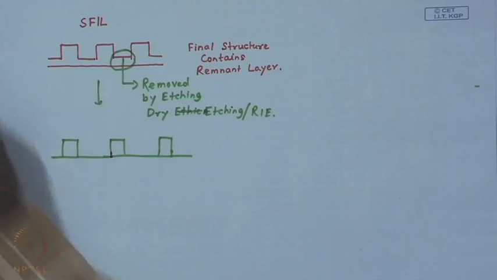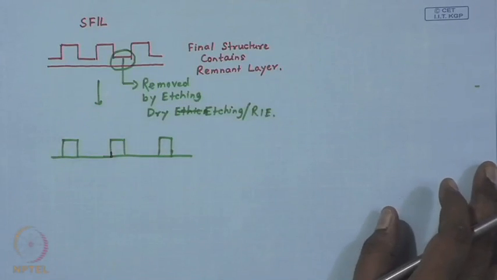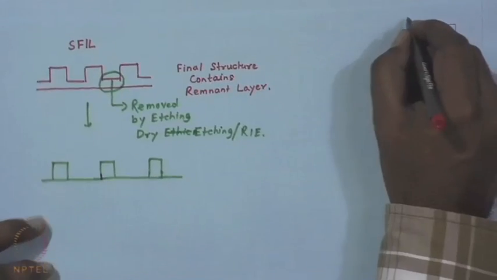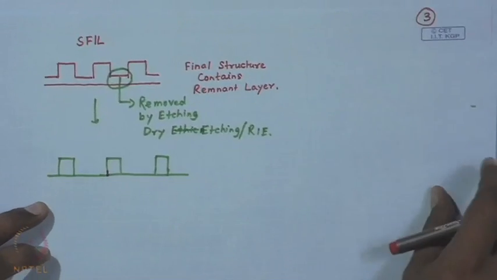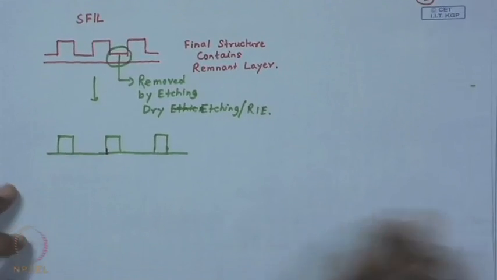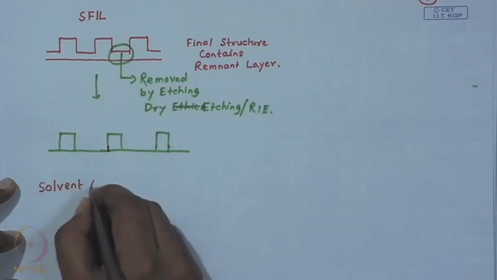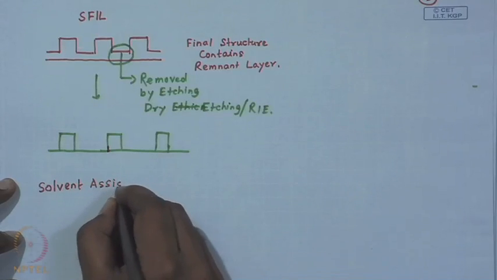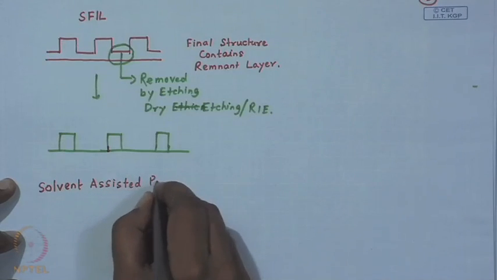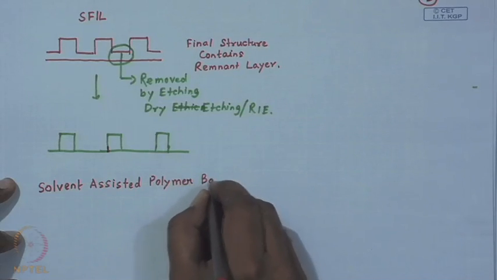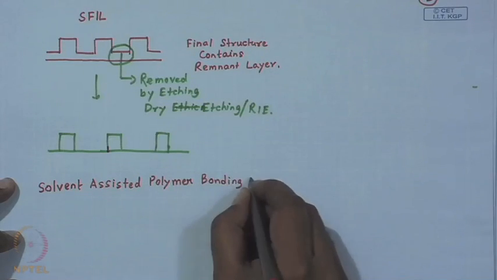The second method I would like to talk about is what is known as the solvent assisted polymer bonding lithography. This is a simple method.